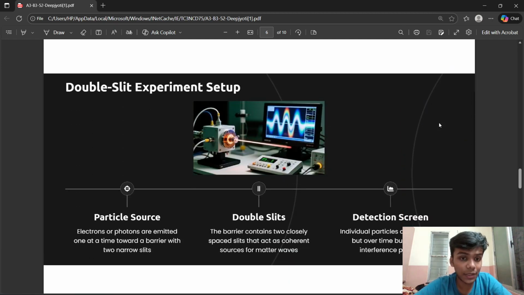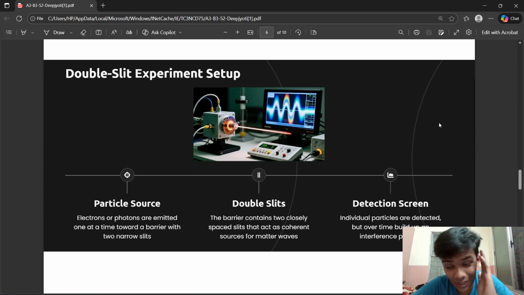Let's move to the double slit experiment, which is the most interesting part of this video, and it has three parts we can consider here: particle source, double slits, and detection screen. What is the particle source? Electrons or photons are emitted one at a time towards a barrier with two narrow slits. What are the double slits?